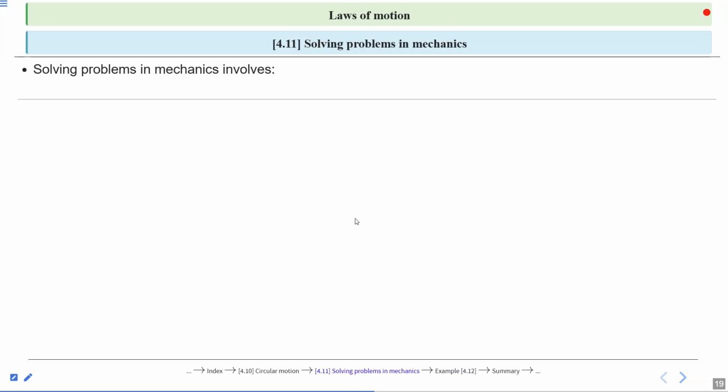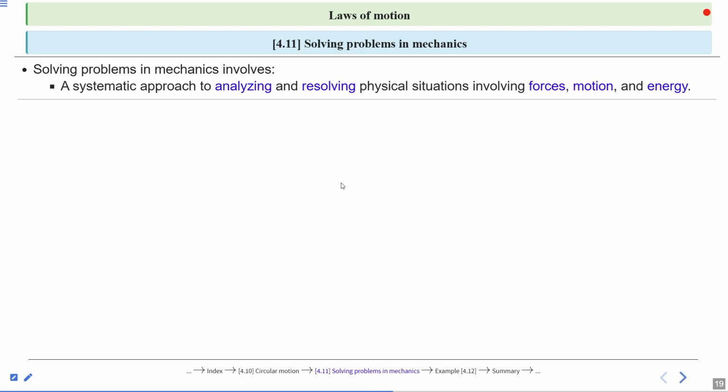Now next one is solving problems in mechanics. Here again a question arises: how can we understand the concept of solving problems in mechanics? Basically, solving problems in mechanics involves a systematic approach to analyzing and resolving physical situations involving forces, motion and energy.